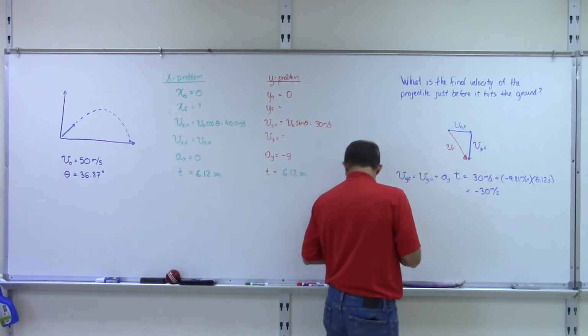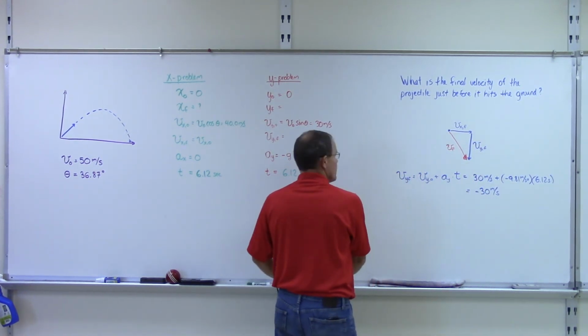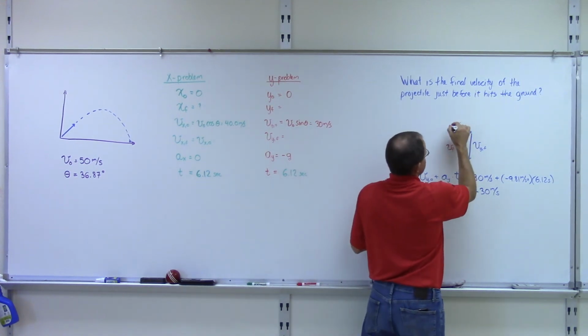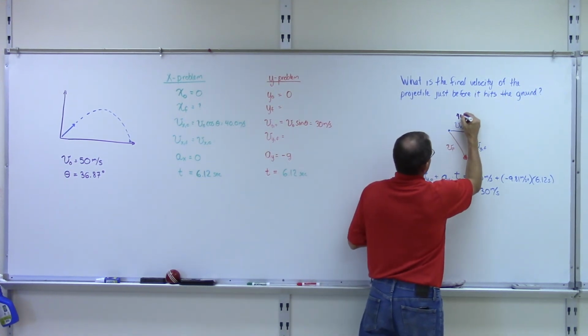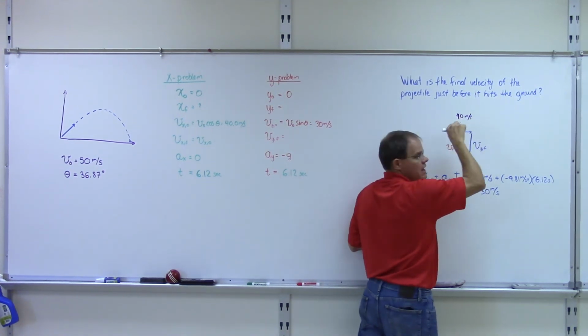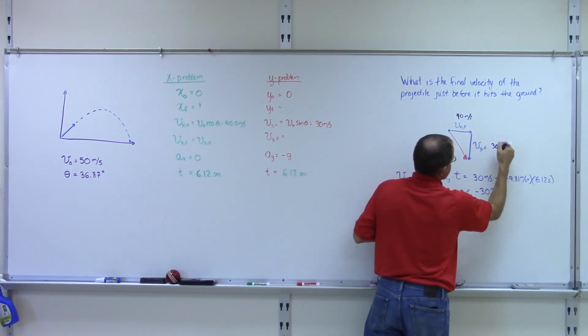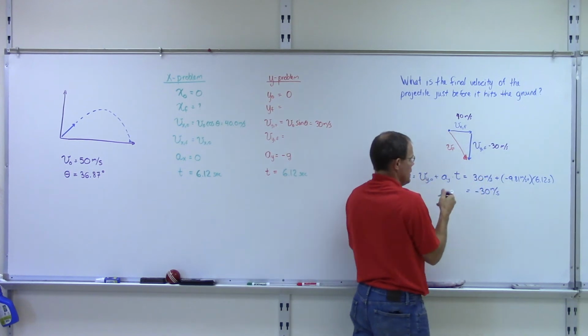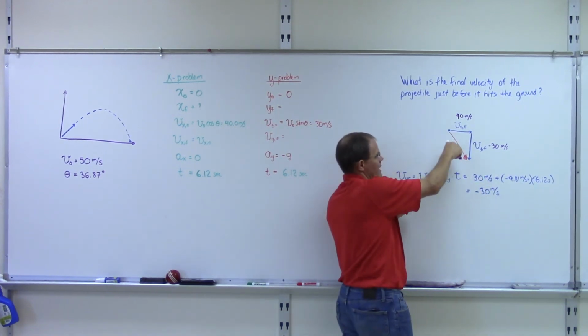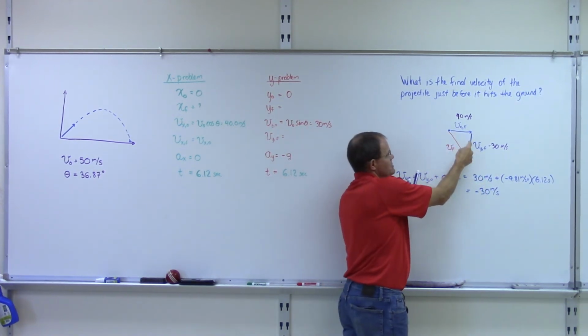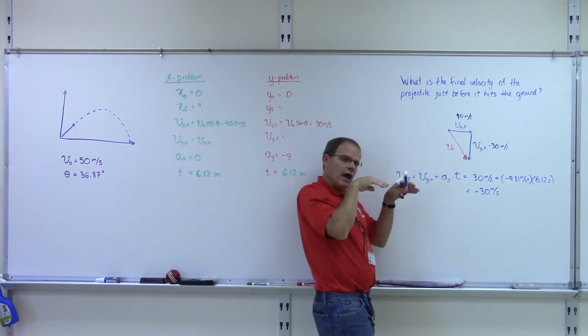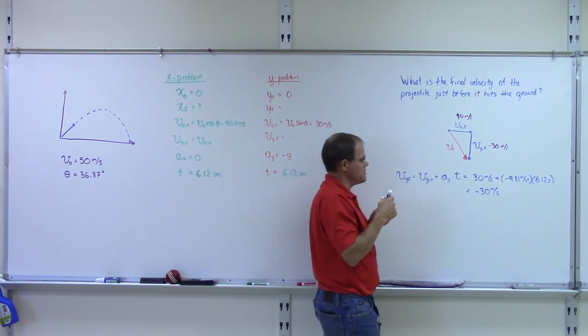So it turns out that when I plug my numbers in, for this problem, it is moving 40 meters per second horizontally still. It's moving 30 meters per second downwards. And if I want to find the final velocity, I have to add these two velocities, but they're at right angles, so I'm going to use Pythagoras' theorem.